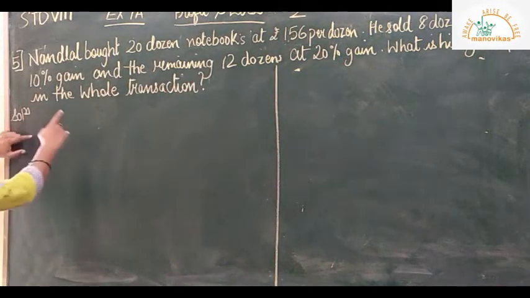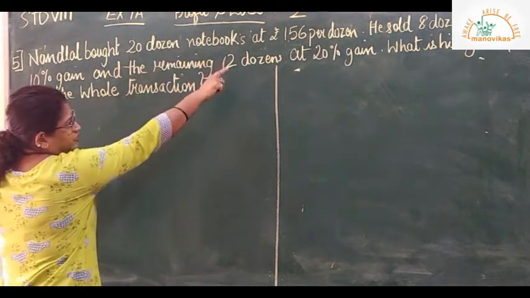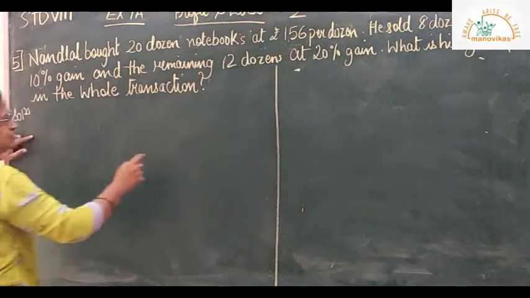So first we find the cost price of the 20 dozen books. The rate per dozen is 156.